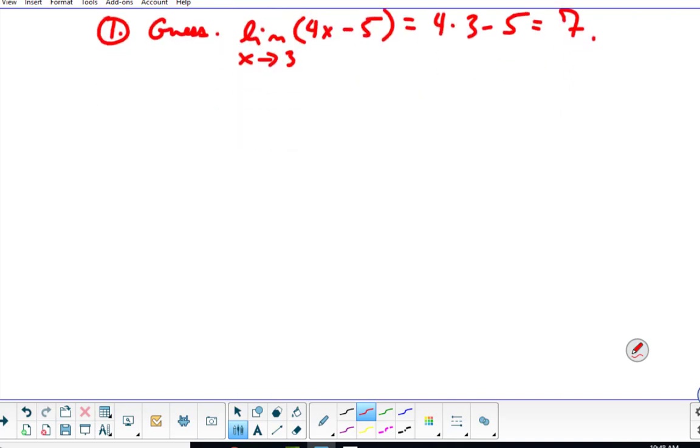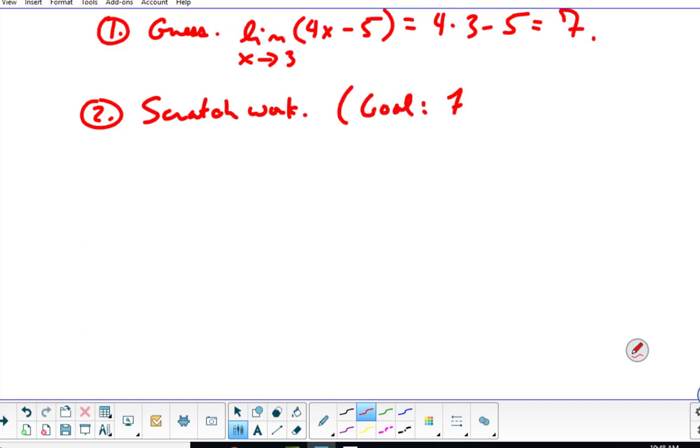The next thing we do is the most important work for you guys as the students, as the writers of this proof, but it doesn't count for the proof. And that's often confusing. So I call this section the scratch work. And the goal of the scratch work is to find a formula for delta, generally.